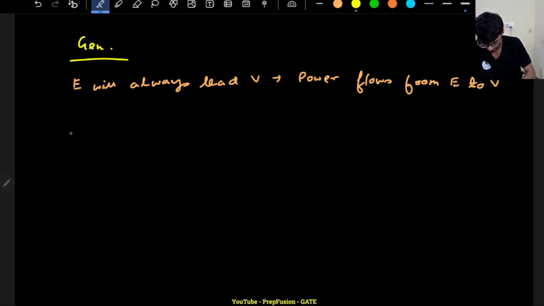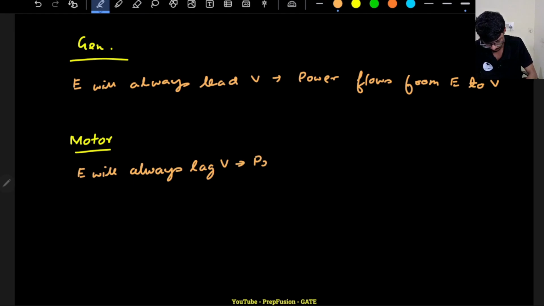For a motor, E will always lag V. That means power flows from V to E. Very important thing.